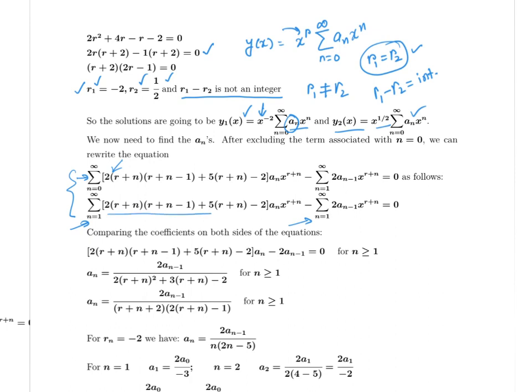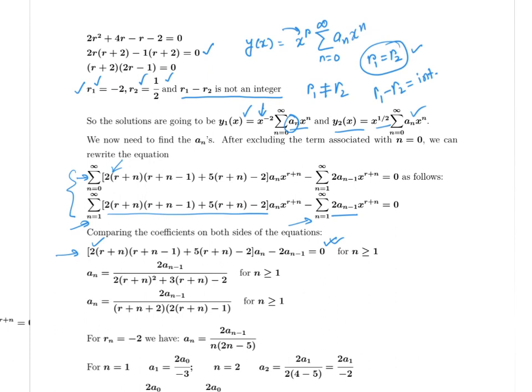If you take both of these coefficients, you're going to get this times x to the power r plus n, but on the right hand side you have 0, so that means any coefficient of x is going to be 0. So these coefficients on the left must evaluate to 0.